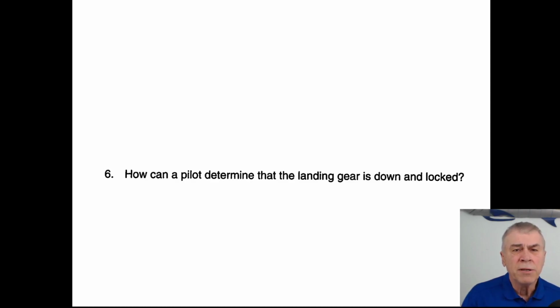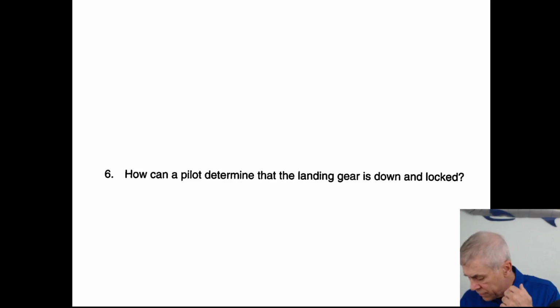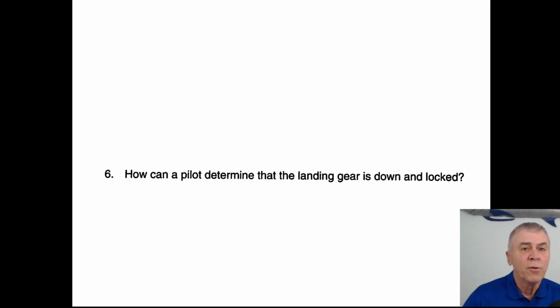How can a pilot determine that the landing gear is down and locked? Yeah, it's too bad. Some actually have a little view where it is possible to visually verify, but that is very limited. You're not going to see much, and if it's dark, I suppose it could be illuminated, but how would you normally tell that the landing gear is down and locked?